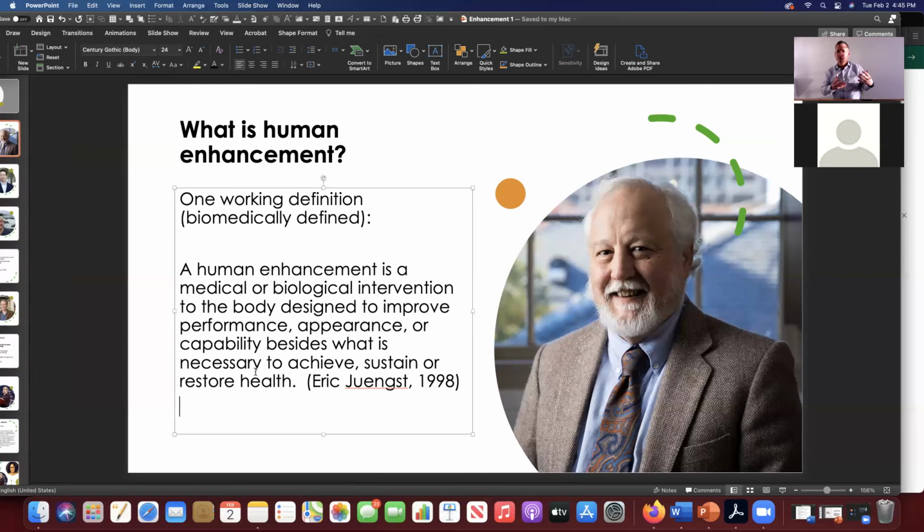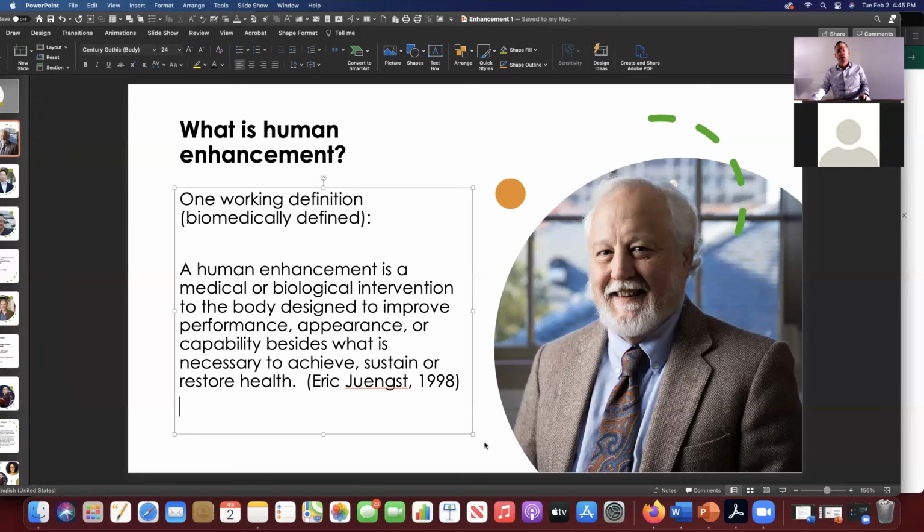So there are those in the literature who like to make a distinction, even if it's a rough distinction, between enhancement, which is a kind of improvement which goes above and beyond what's needed to achieve, sustain, and restore health, and then, on the other hand, therapy, which involves medical or biological interventions for the sake of achieving, sustaining, or restoring health.